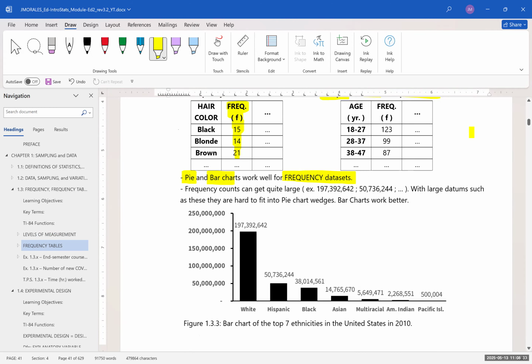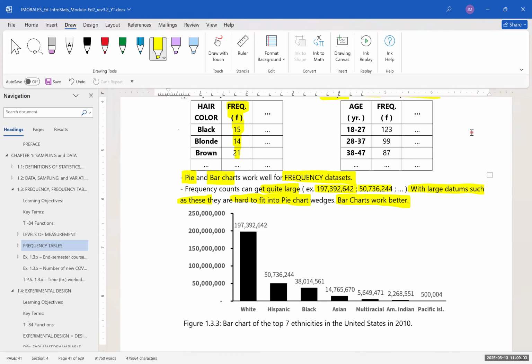Frequency counts can get quite large. So for example, 197,392,642 or 50,736,244. And with large datums such as these, they're kind of hard to fit on pie chart wedges. So bar charts work better for really large numbers.